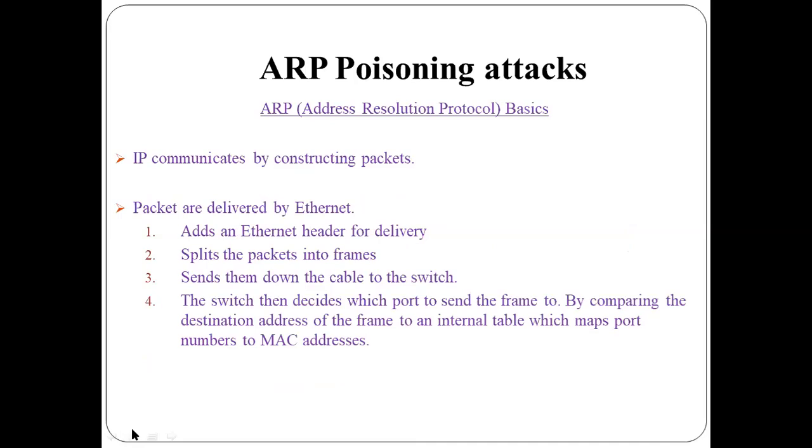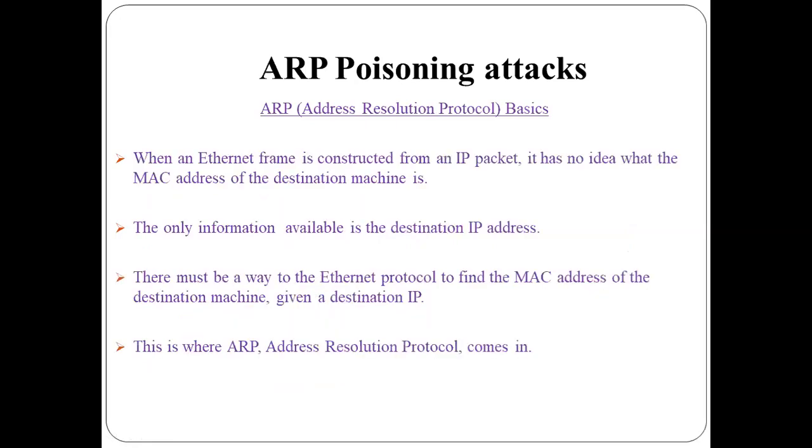अब जो कुछ भी यहाँ डिस्कस अभी हमने डायग्राम में देखा था उसी को लिख रखा है, so there is no meaning of reading all the lines. Already it is written that packets go into the frame, so always we deal with the frames, not the packets alone or the request packets. And when an Ethernet frame is constructed from an IP packet, it has no idea what the MAC address of the destination is.